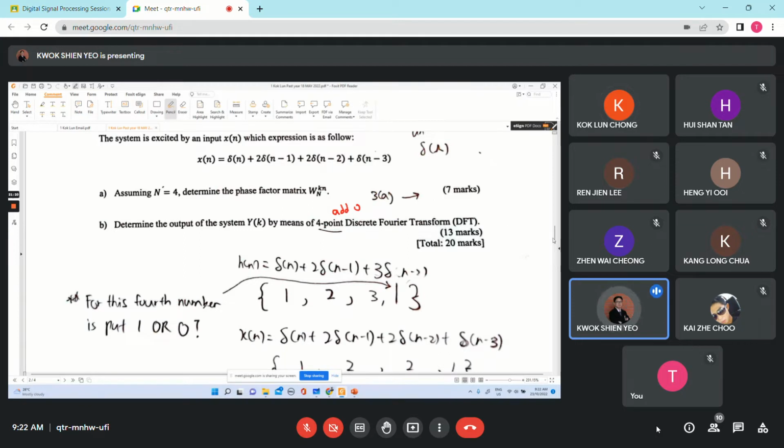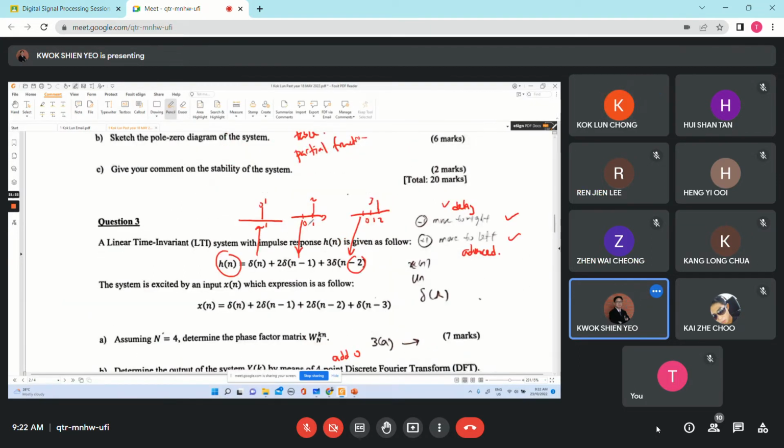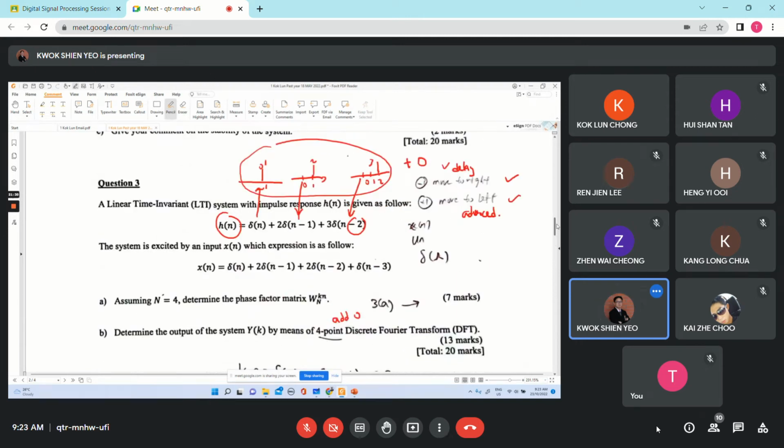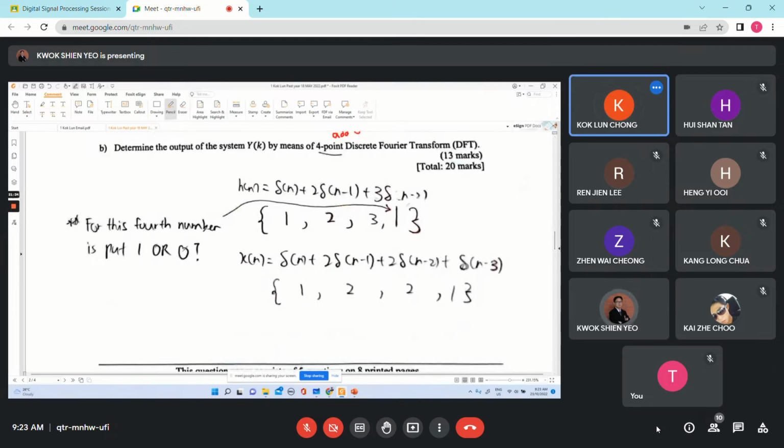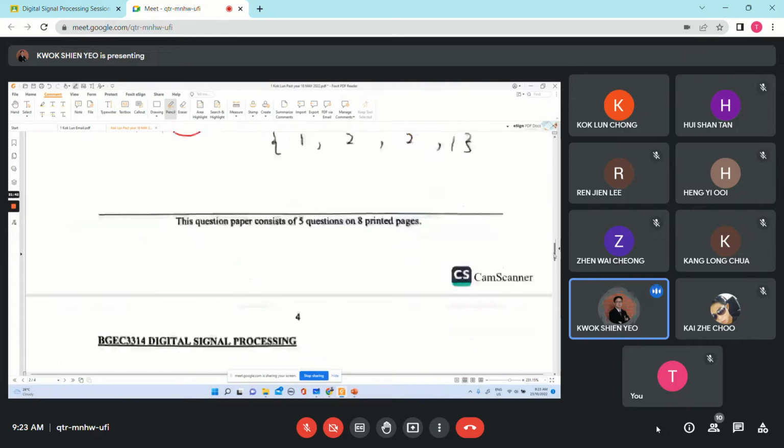Because the question has only 3 values here, but you need to do a 4-point DFT. So you have to append one more zero here. So it is 1, 2, 3, 0. Okay, got it. So this last number should be 0.